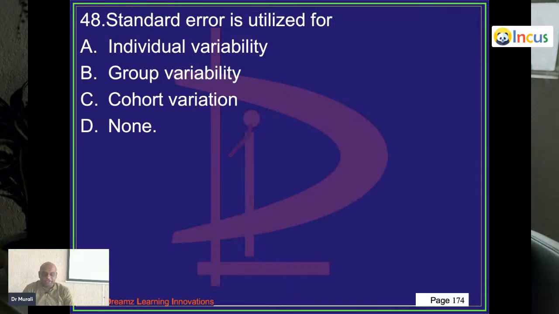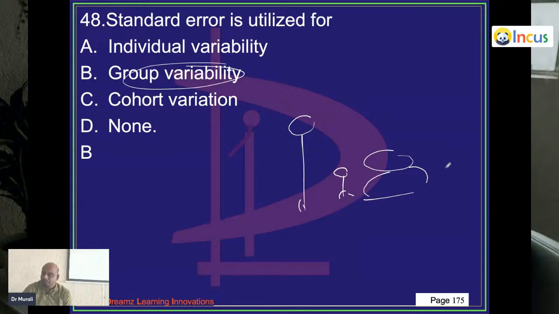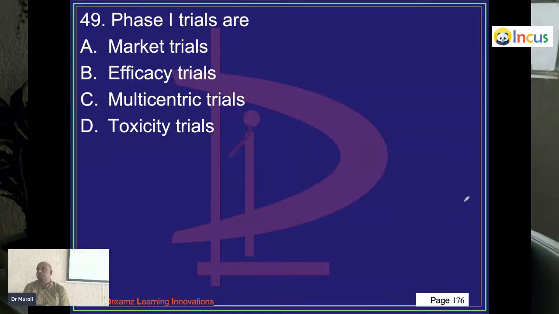And there is no other option, doctor. We have to remember, right? Standard error: if you want to know the group variability, where one is tall, one is short, one is fat, one is thin, standard error is the one which is utilized.